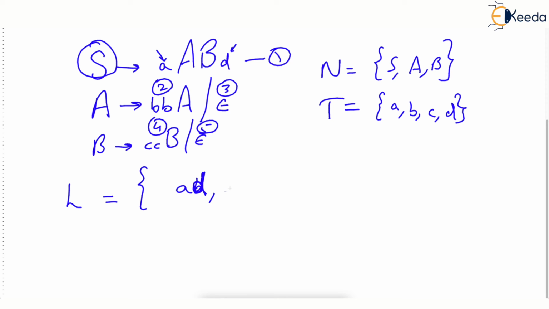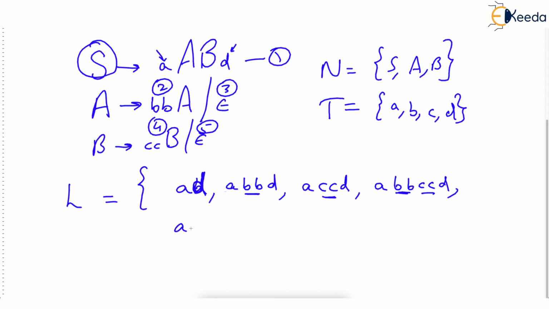Or you can have A, B, B, D, no C over here. See, an even number of B's. Or you can have A, C, C, D. Check, no B over here, an even number of C's. Or you can have two B's, two C's, and then D. Both B's and C's are even.